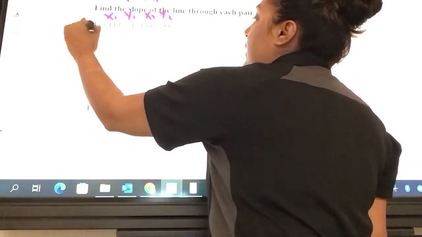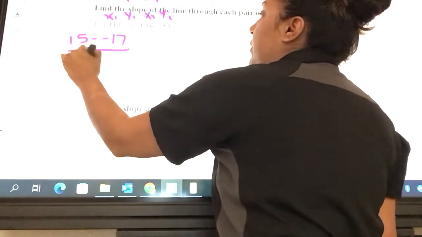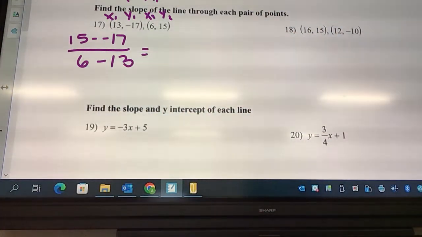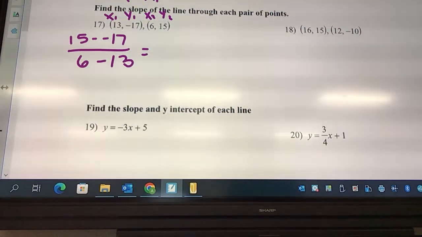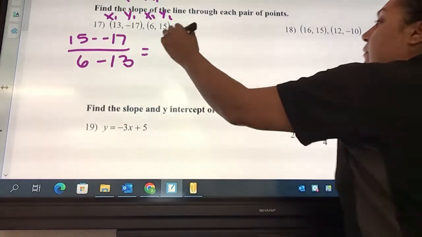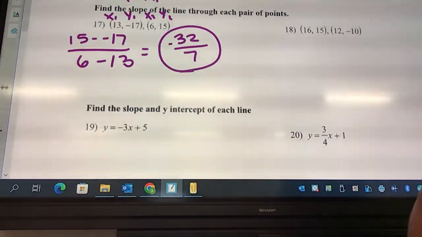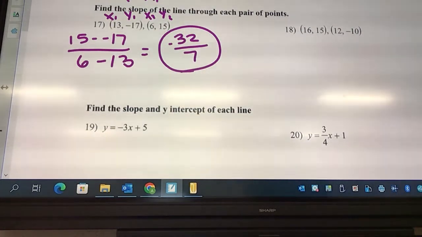It's going to be 15 minus negative 17 over 6 minus 13. Negative 32 over negative 7? Yeah. That's our slope.